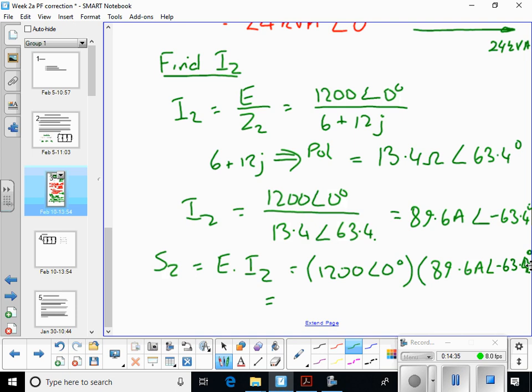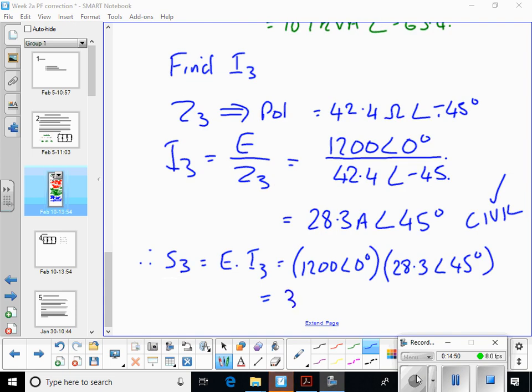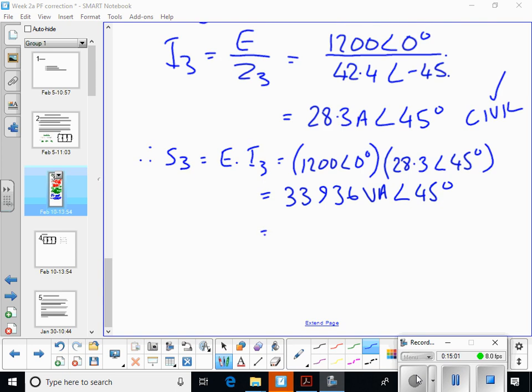And that equals 108,000 VA, which is 108 kVA angle minus 63.4. And S3 is 34 kVA angle 45, to the nearest kVA.